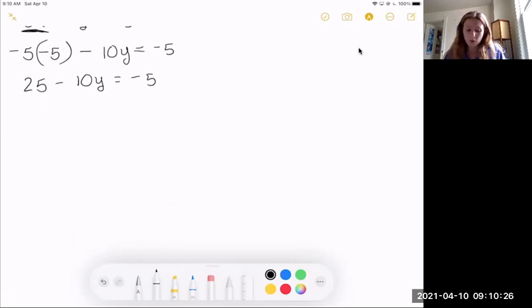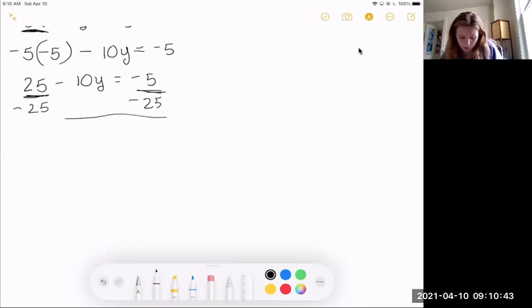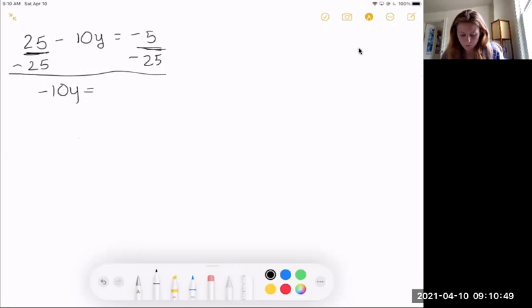Then from there, I'm going to move this 25 over to here so that we can have the y on one side and then the number without a variable on the other side. So I'm going to do minus 25, subtract from both sides. So I get -10y is going to be equal to -30.